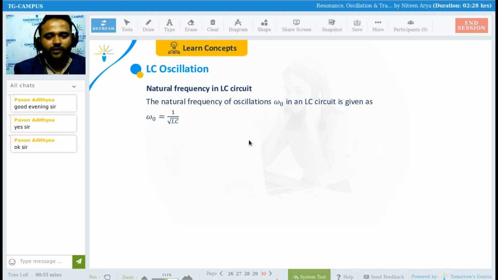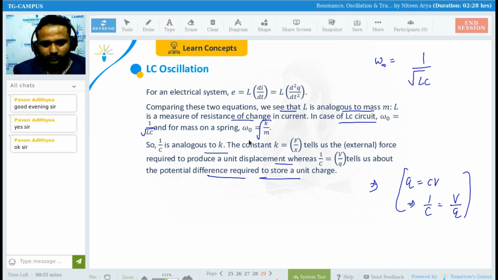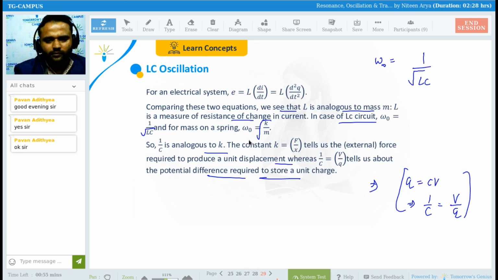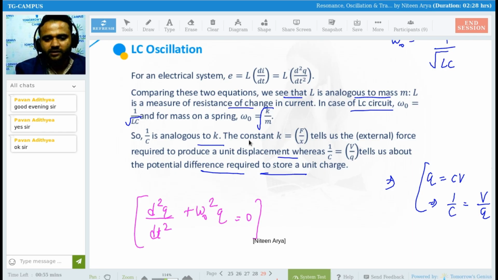In this way you get the equation, which is simple: d square q upon dt square plus omega naught square q equals 0, where q is charge.